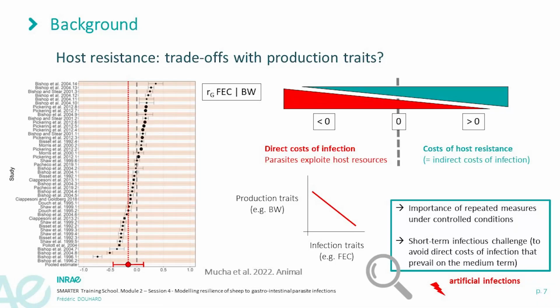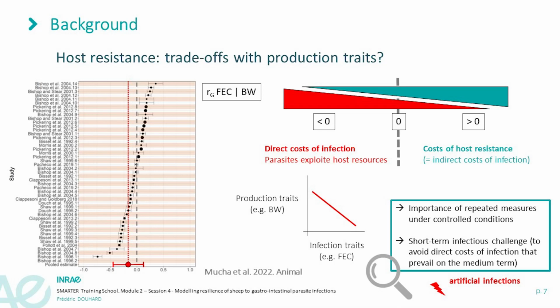Still, we have some questions. One major question is the side effects of this kind of selection on the other traits. And basically, the other traits are production traits. So this is the genetic correlation between fecal egg count and body weight in lambs.